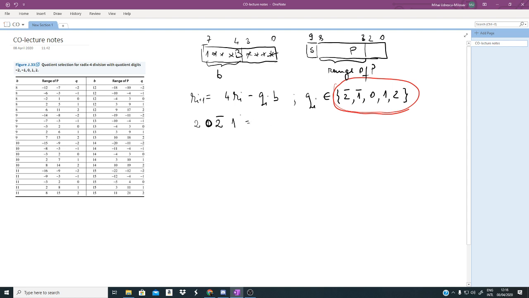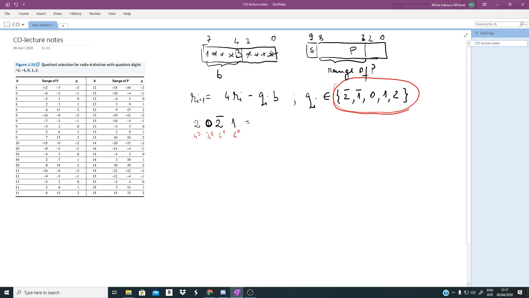What number is this? Well, this guy has the weight of 4 to the power of 0, this one 4 to the power of 1, this one 4 to the power of 2, and this one 4 to the power of 3.